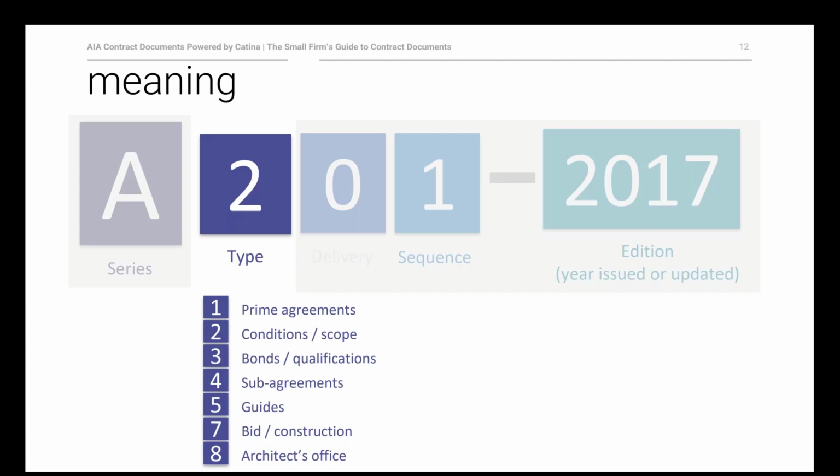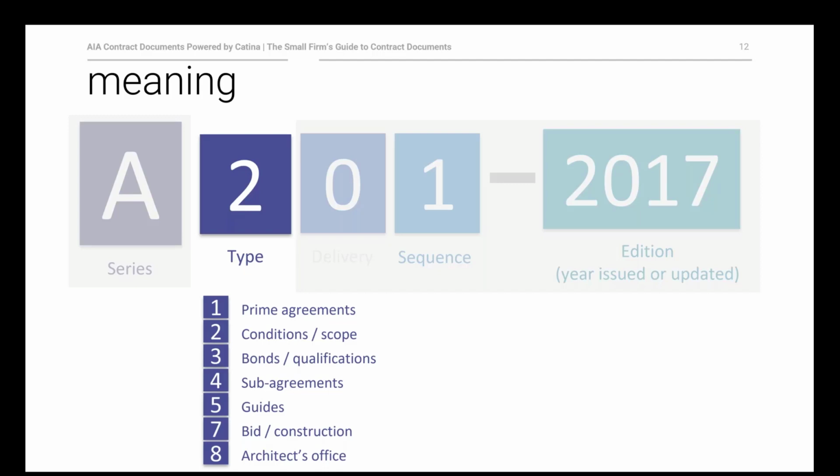Is it an agreement that goes to? Is it a document that addresses general conditions? Is it a bond, payment, performance, bid, warranty bond? Is it a sub-agreement? So for example, the A401 is the contractor subcontractor agreement. We publish a number of guides, and we usually start the designation of a guide document with the number 5.